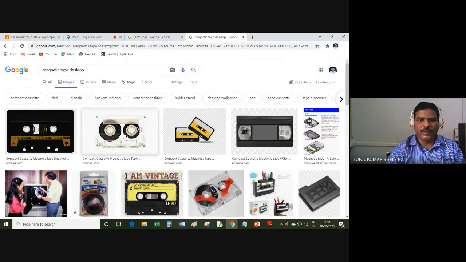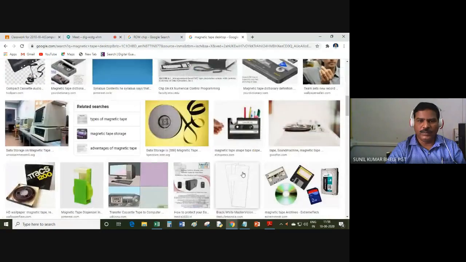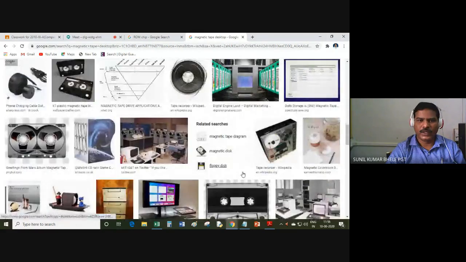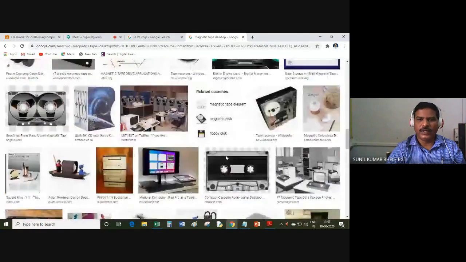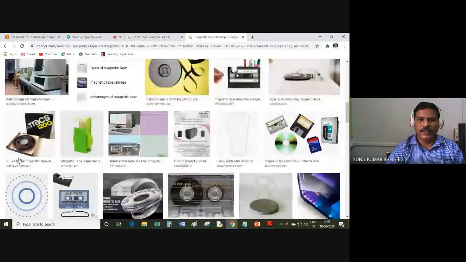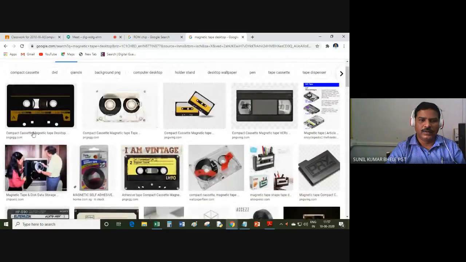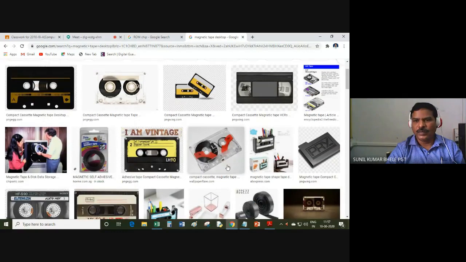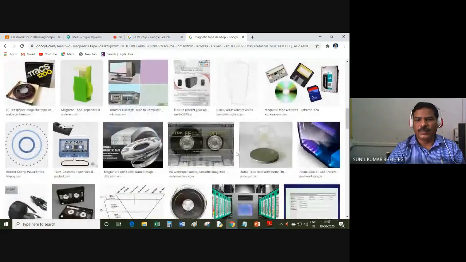The limitation of this magnetic tape is that you have to reverse and forward the tape to access the data. It is also called a cassette, but a cassette contains audio songs, while inside the magnetic tape you can store different types of data in a computer.